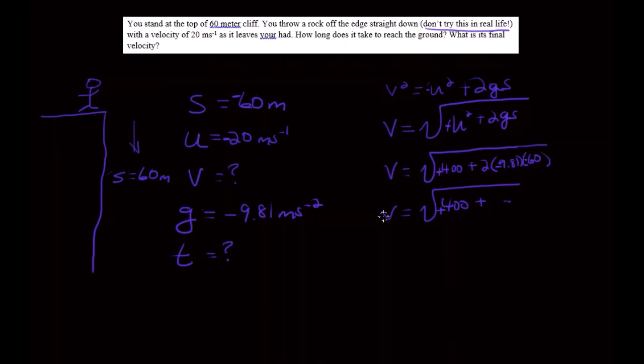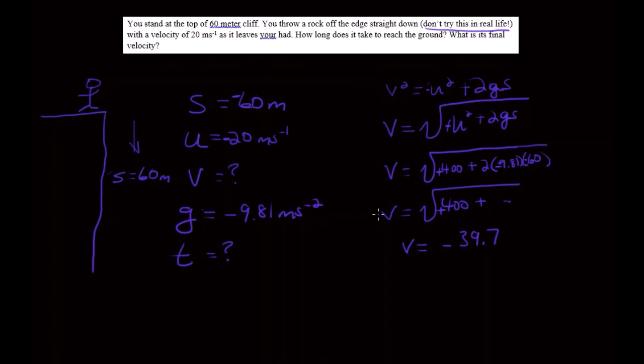So since we're doing a square root, the velocity, okay, plus or minus, right? Plus or minus 39.7. And this is where we just have to know that we're going down, so that velocity is negative 39.7.